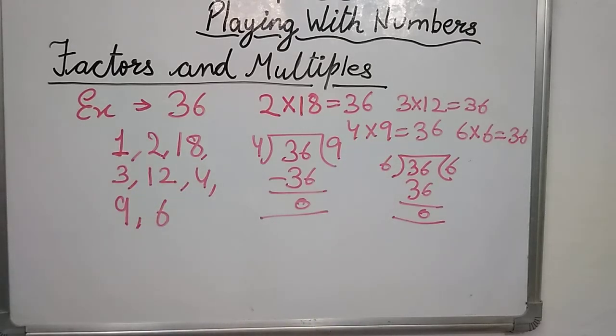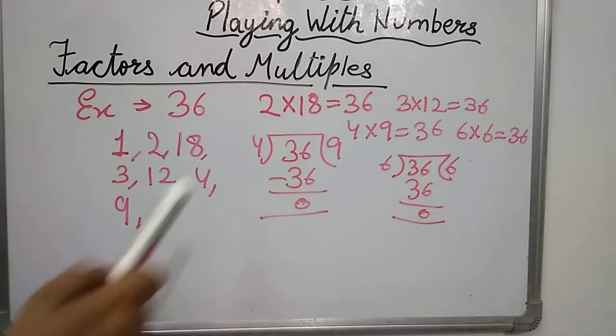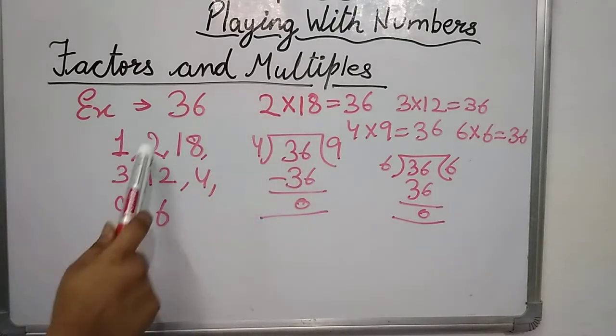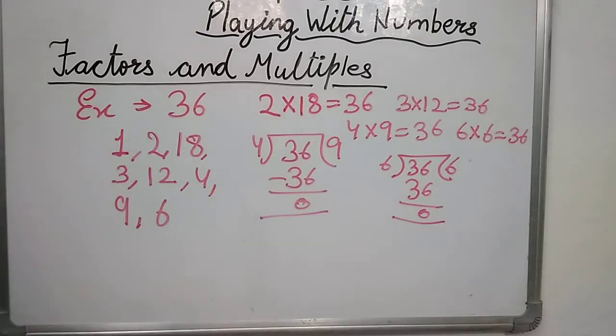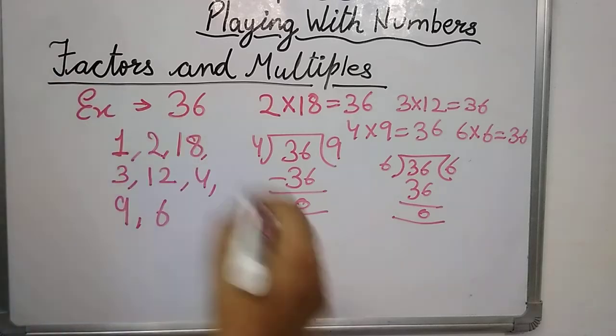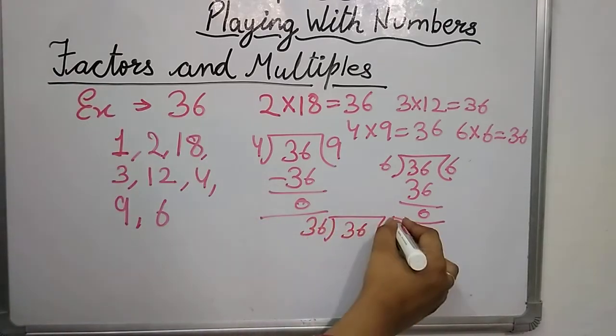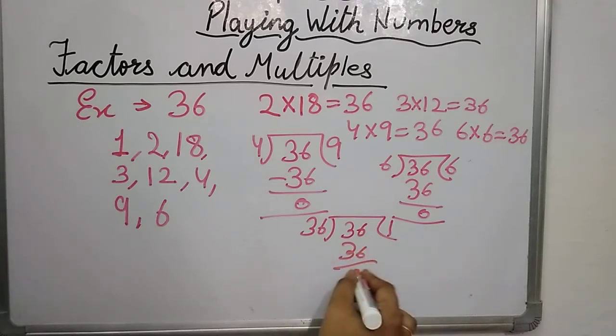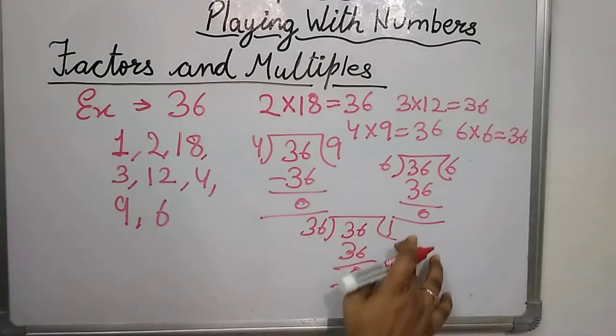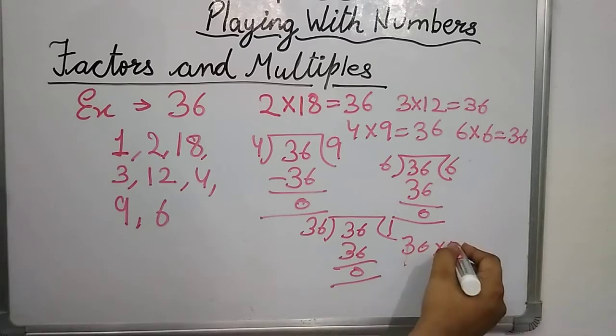After that, 12 will be the number that can divide 36. We will get two factors, 12 and 3, which are already written here. After that, 18 can divide 36 and we will get two factors, 18 and 2, which are already written here. After 18, only 36 is the number that can divide 36 exactly. So by this we get 36 multiplied by 1 gives us 36.